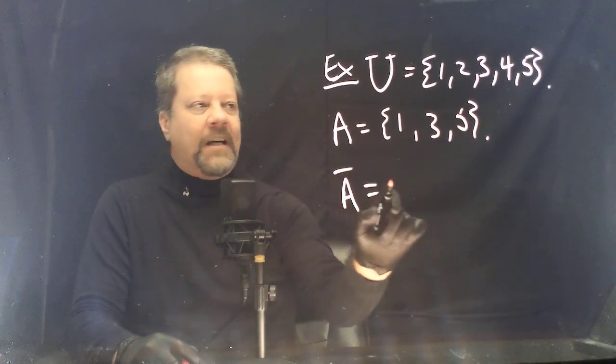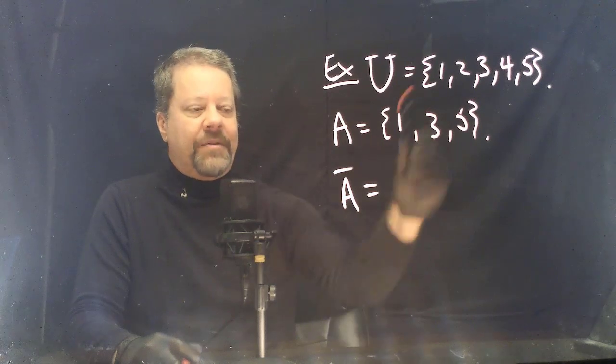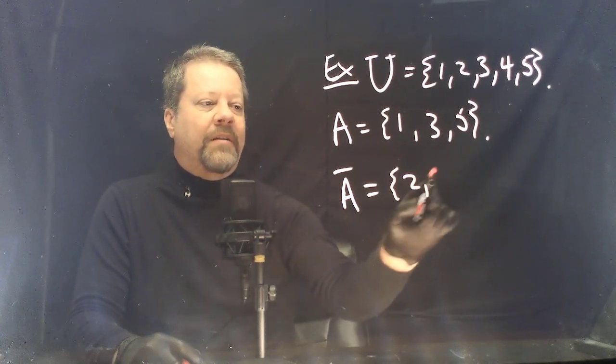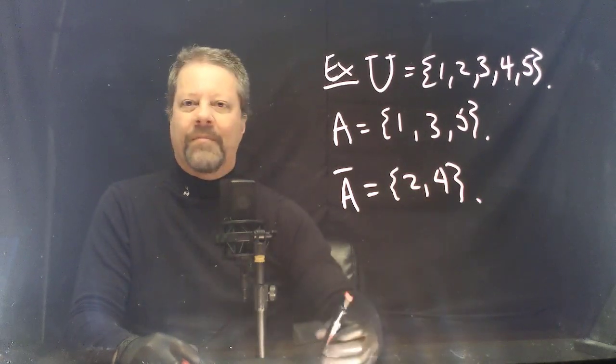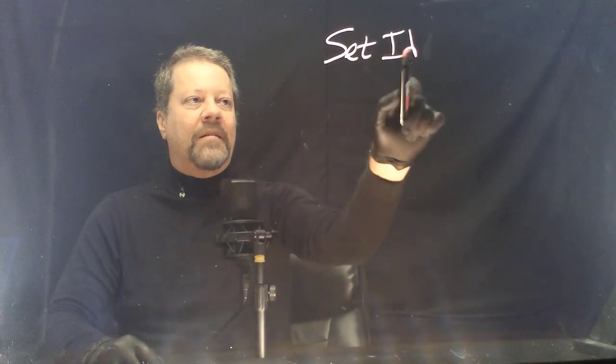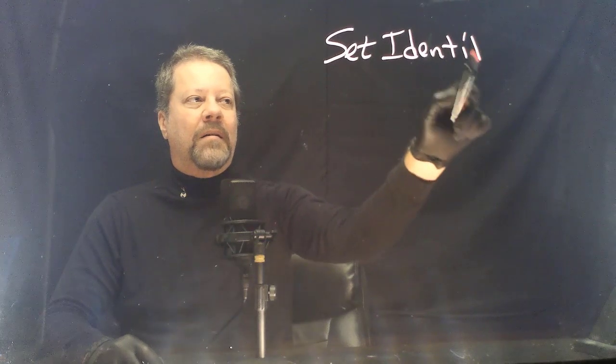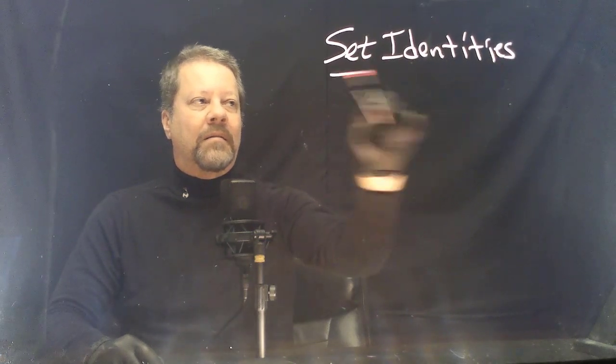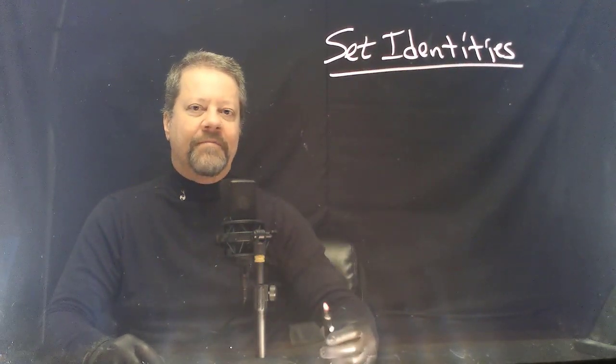Then A complement relative to this universal set here will be 2 and 4. There are certain set identities that you need to be aware of.